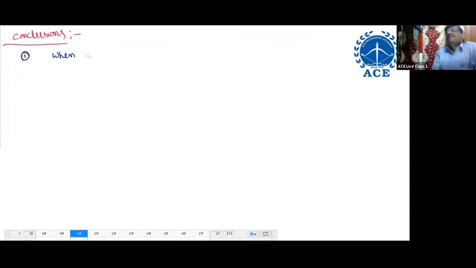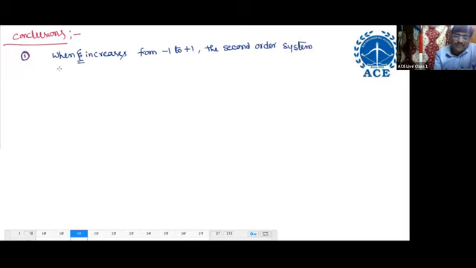When zeta increases from -1 to +1, the second order system's poles path is a circle with a radius of omega n. Look, here what is the radius? Here also omega n.